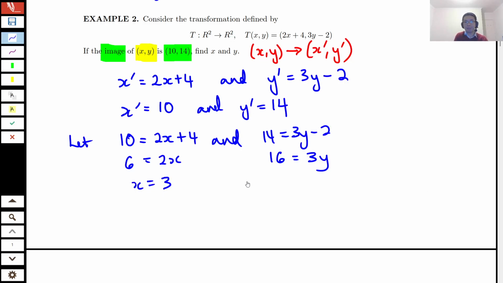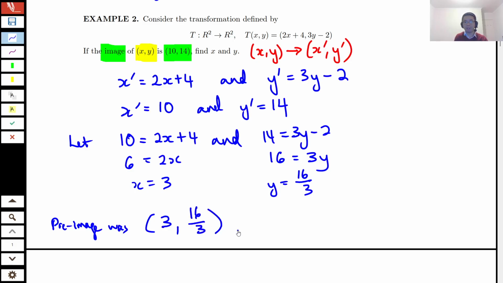So x equals 3 and y equals 16 over 3. And so that means my old coordinate, the question doesn't ask for it, but the pre-image of 10, 14 is 3, 16 on 3. But if you stop here, you're fine.